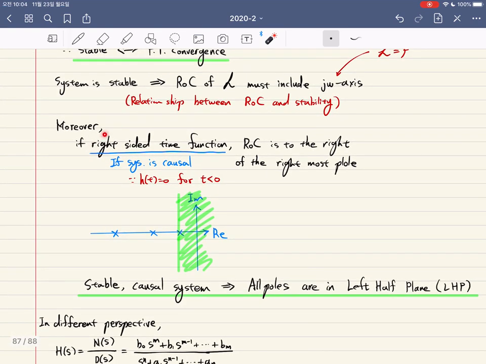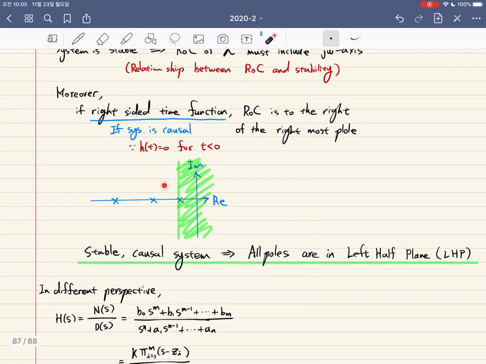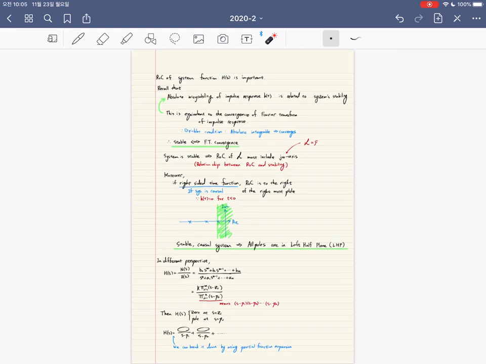And moreover, if the system is causal, just like many physical systems, then it is an absolutely right-sided time function. And if that happens, we know that the region of convergence is to the right of the rightmost pole.